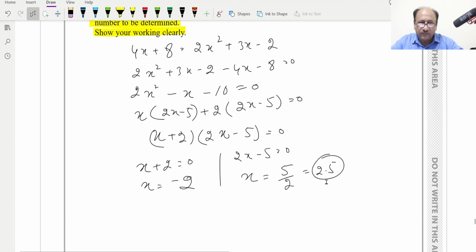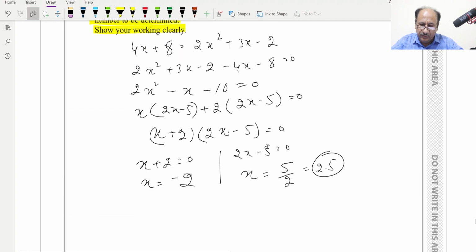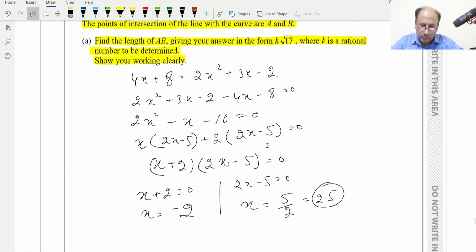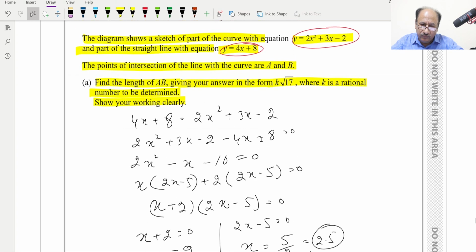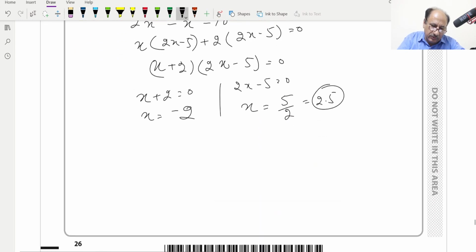And then after this we can find the points. Basically for these two x values we have to find the points. So this minus 2 value, we can use in the equation of the line, which is this one, y is equal to 4x plus 8. We will replace this x value and we will get the y value.